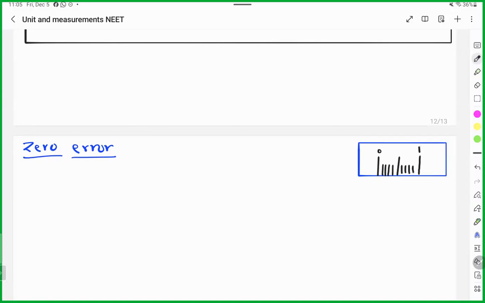Here it is 1 centimeter, right? This is a centimeter scale, so this is equal to 1 centimeter. Actually, the Vernier scale should coincide with it. But in case it is slightly above the actual one, you will say that they are not matching. Correct?